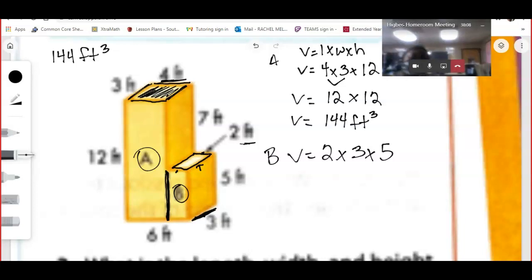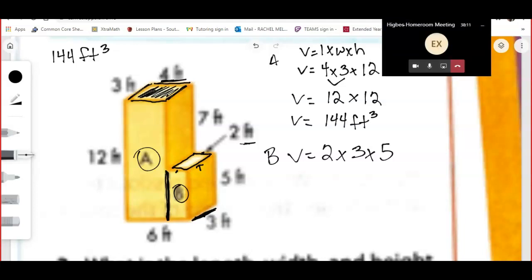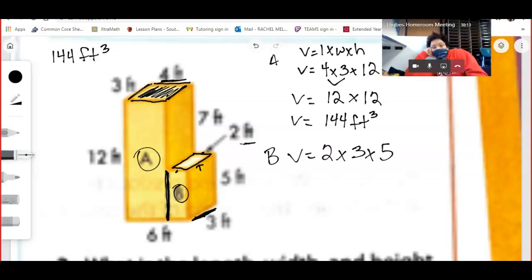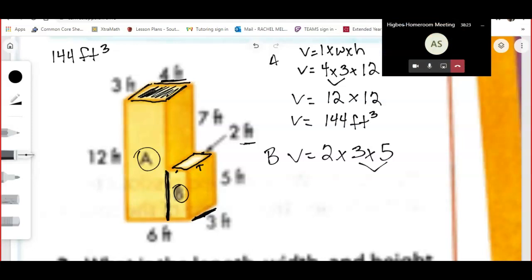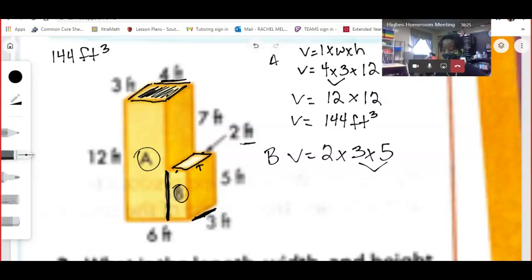I don't know. That's not a trick question. Okay, Antoine, help him out. What would you like us to multiply first? 3 times 5. So what's 3 times 5, everybody? 15. So 15 times 2 is 30. So 30 cubic feet for B.